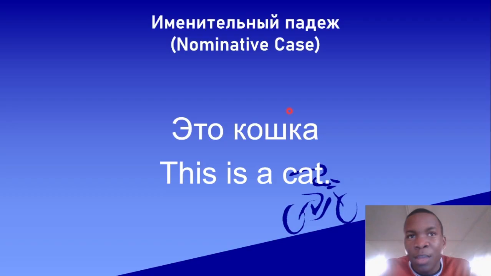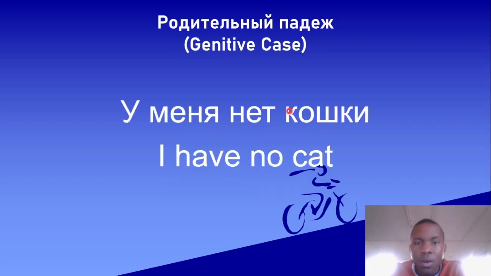Try and see if you can find that word in the dictionary as it is without any alterations. If you do find that word, then that means that it is nominative case. Your sentence is nominative case. So that is our first sentence: koshka, imenitelni padezh.